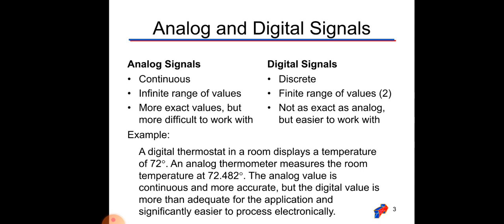Here we will see analog signals and digital signals. The first point: an analog signal is a continuous wave, and a digital signal is in the form of a discrete signal. We will see this diagrammatically in the next slide. Why do we call the analog signal continuous?